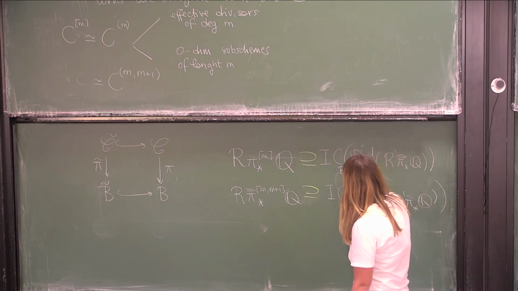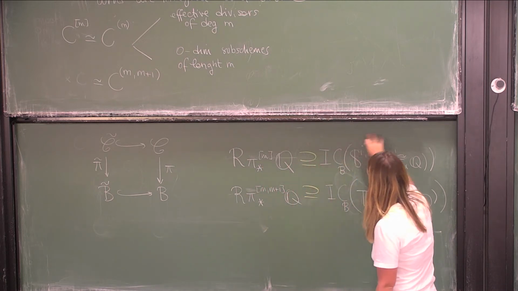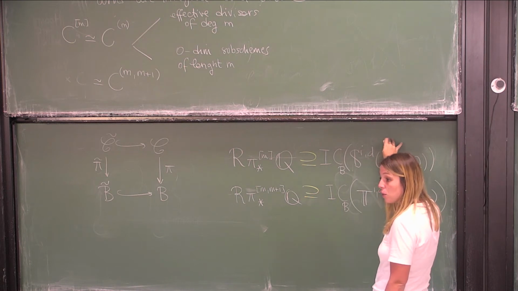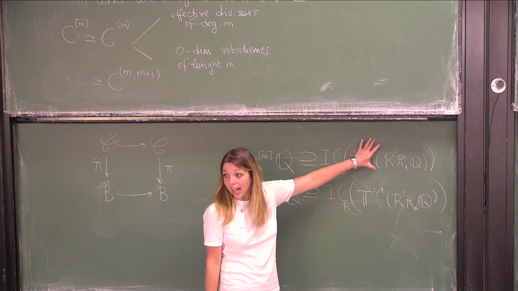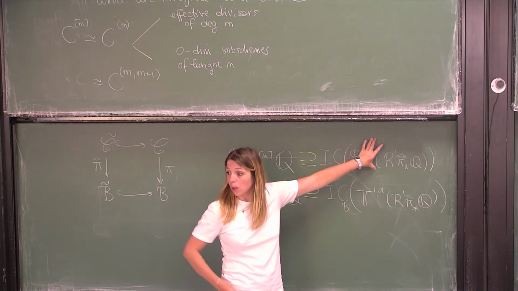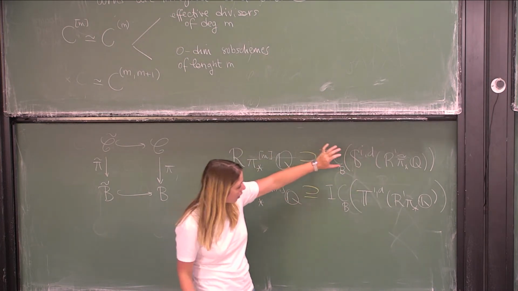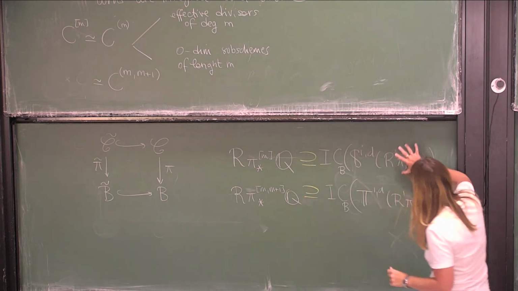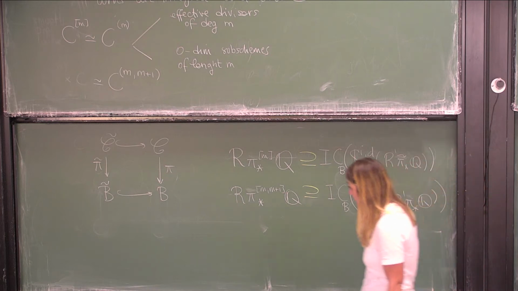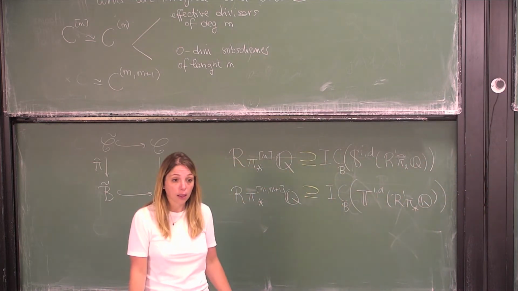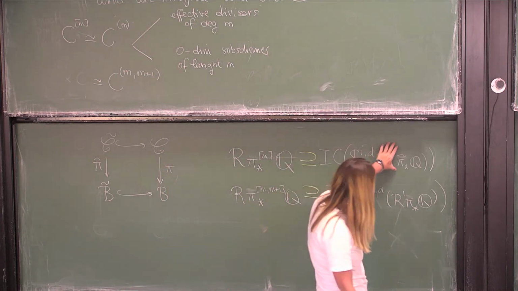So this is the closest thing that you can get to a local system, meaning that it's a complex of sheaves, in the derived category of constructible sheaves, which coincides with your local system on the smooth open set, and satisfies particular conditions on the support and the support of its dual. Okay? So this is the complex that you use to compute intersection homology? Yes, exactly. That's what I was going to say.